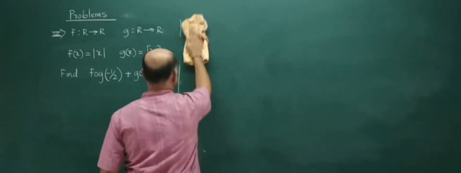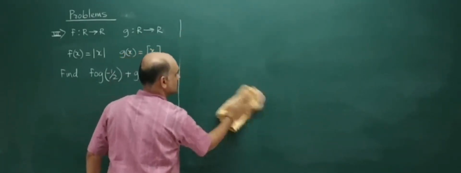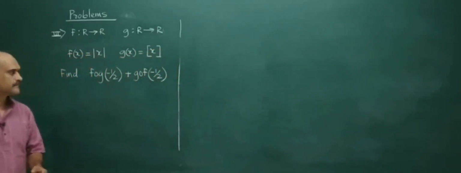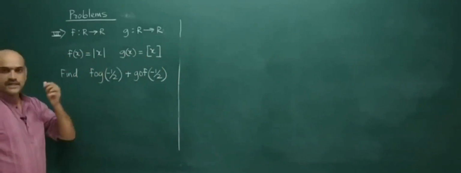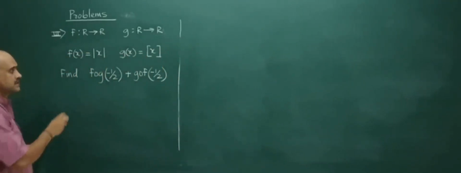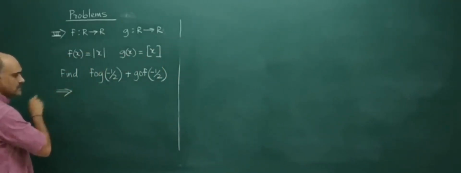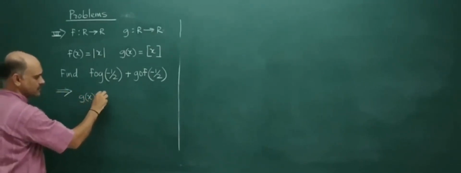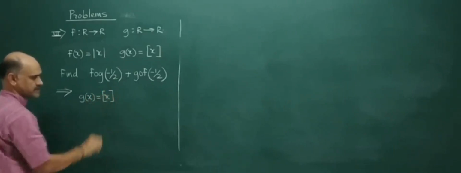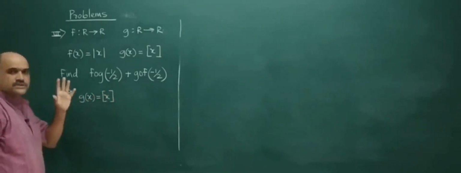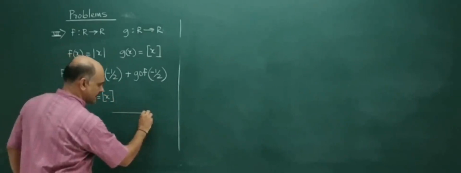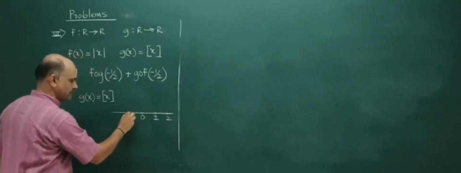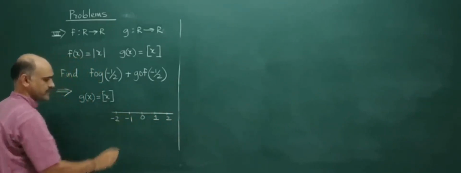Now, before solving the problem, I will tell how we take the greatest integer function. So g of x is equal to the greatest integer function. Just take a number line: 0, 1, 2, and so on, minus 1, minus 2.